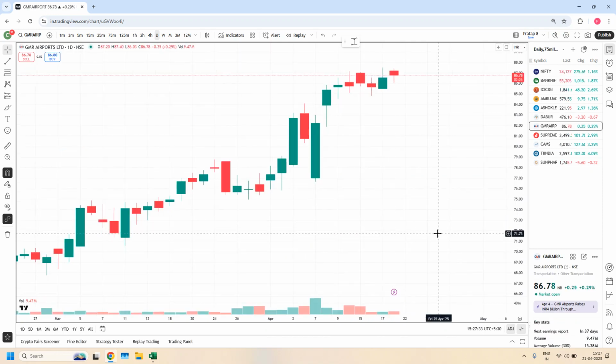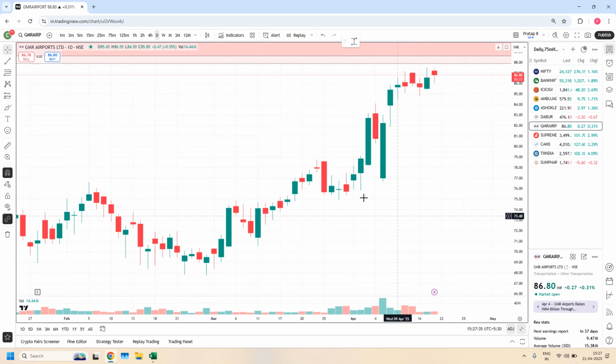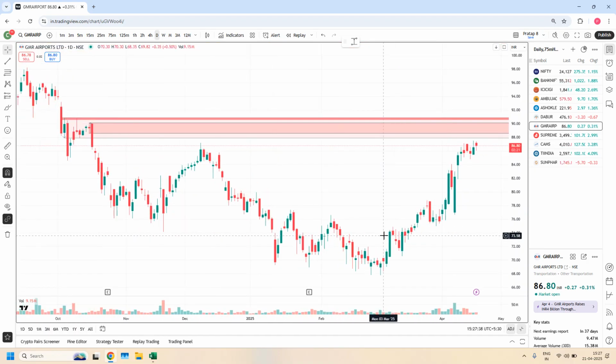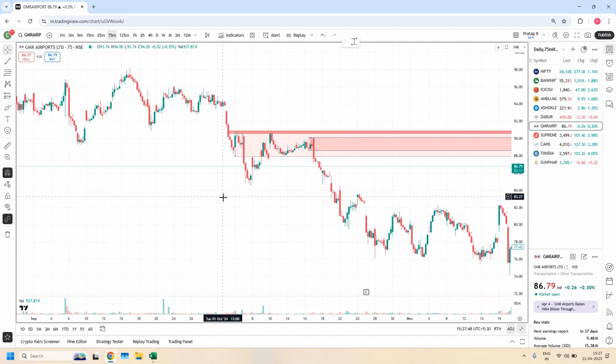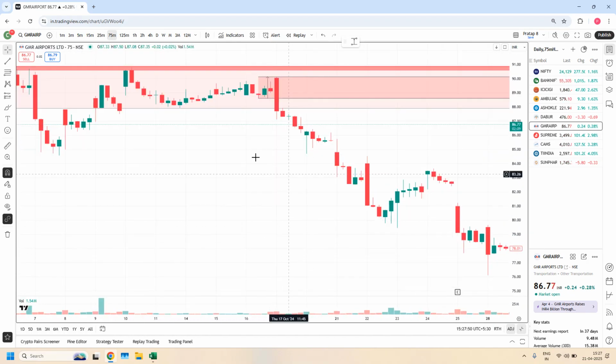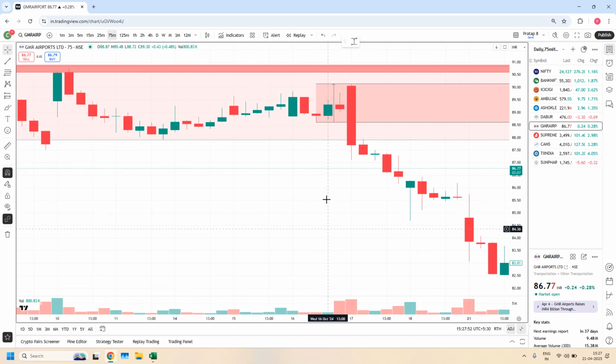Next one is the ZMR airports. We discussed this also in the previous video, it seems. Drop base drop. If not, let me explain. Go to the 75 minutes. In the 75 minutes, we have a drop, 1, 2, 3 base candles and drop.